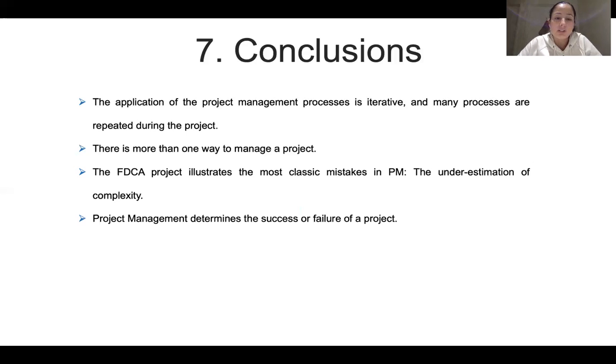Another one is that project management determines the success or failure of a project. So here is an important point, because that's why project management helps the project manager to develop all of the projects. So it's important always to follow all of this knowledge, skills, and techniques.